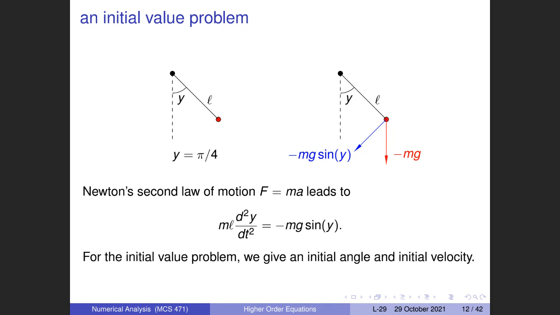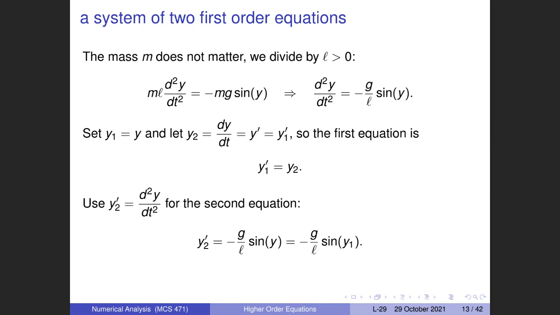Physics is not my strong suit. But we have a differential equation, and we can see that the mass, the m, essentially in our simulation will not matter. So that's the first thing we can simplify already. So the m we strike out, and we can make this also dimensionless by having unit length for the string. That gives us then immediately a simpler problem. So here is our simpler problem, or we could say that the G over L is our constant.